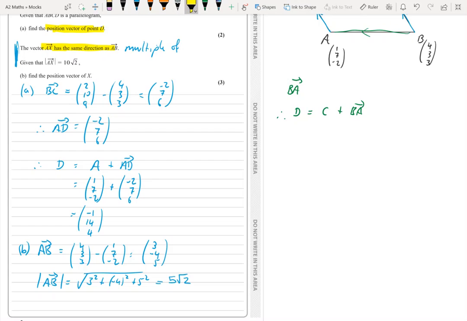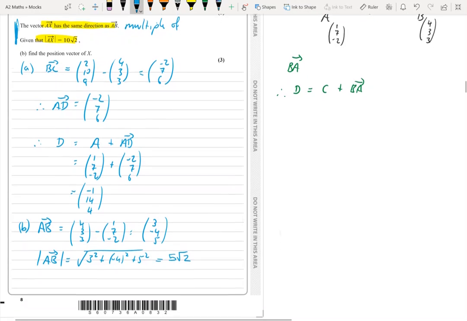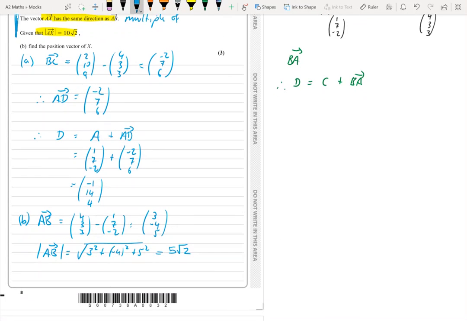So the question then tells us that AX should have a magnitude 10 root 2. So we want to stretch the vector AB that we just found to make its magnitude become 10 root 2. Well, I think we just need to multiply it by 2, stretch it by a factor of 2. So therefore, AX as a vector will be twice the vector AB. So AX is the vector 6, minus 8, 10.